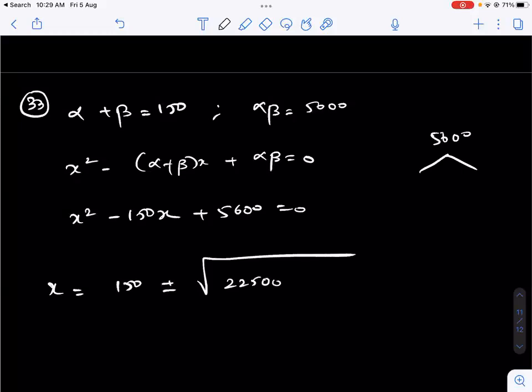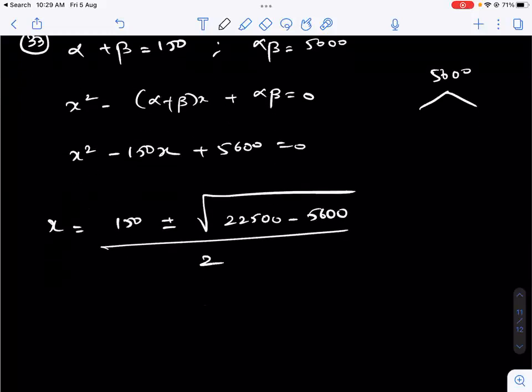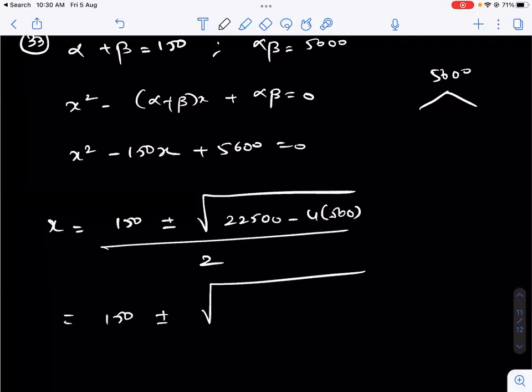So 22500 minus 4 into 5600. How much is that? 22,400.